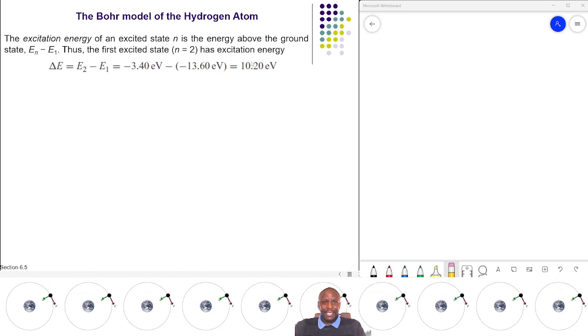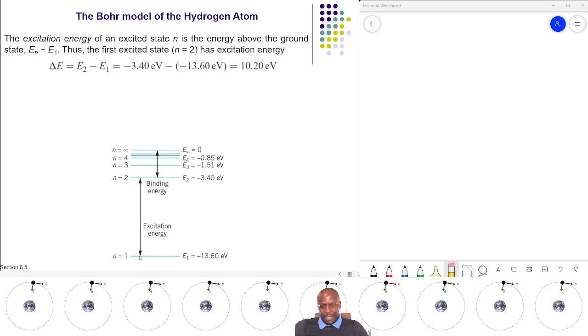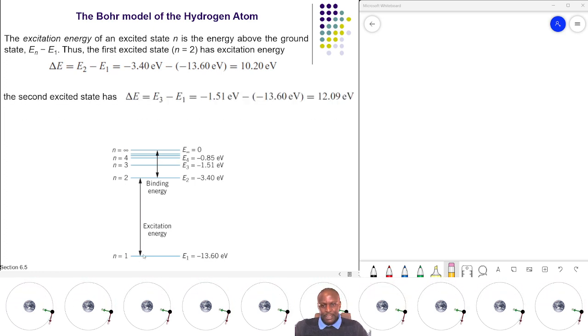So now the excitation energy from E1 to E2 is just given by this value, 10.20 electron volts. And for example, the energy difference between these states, n=1 and n=2, the excitation energy here is just given by this.